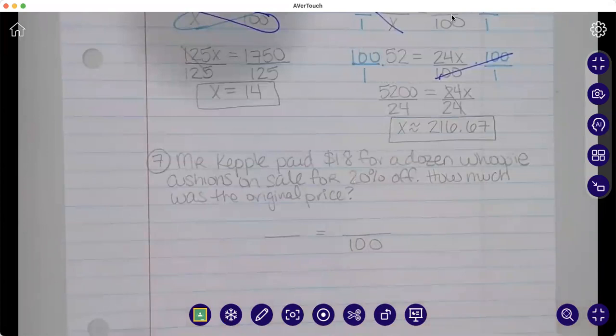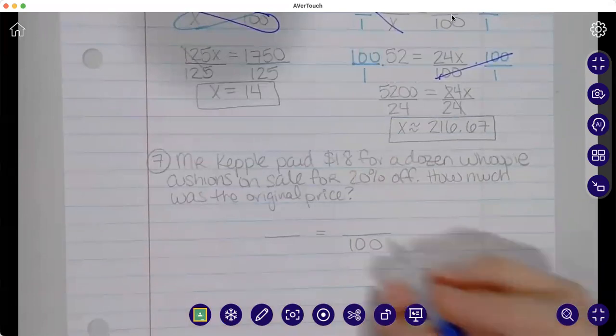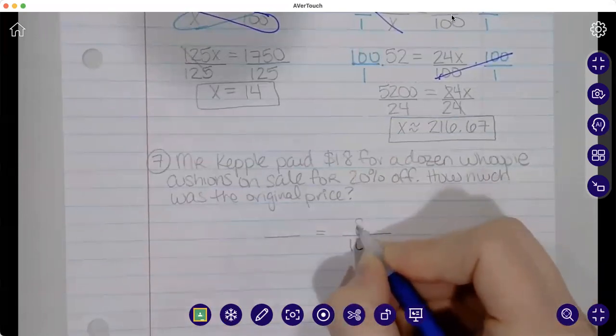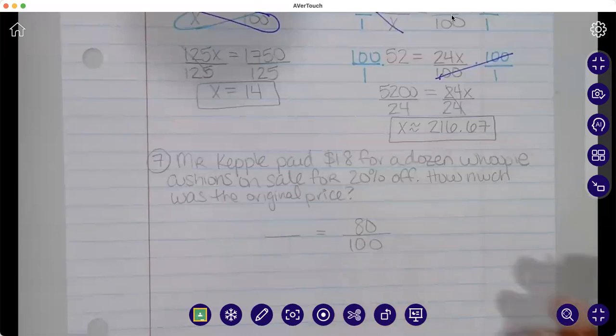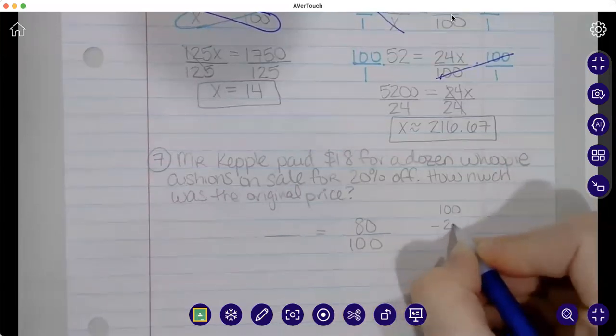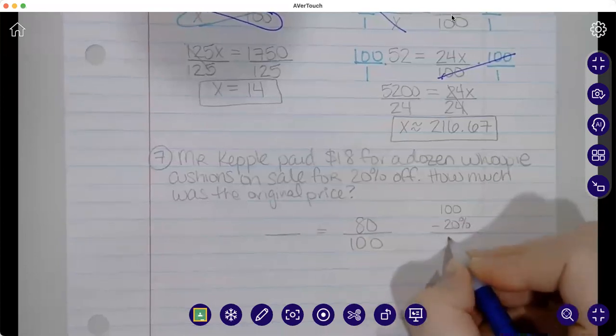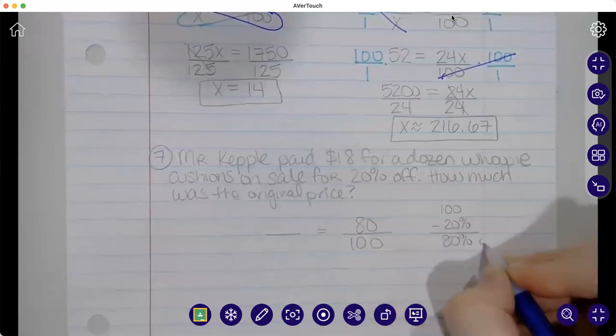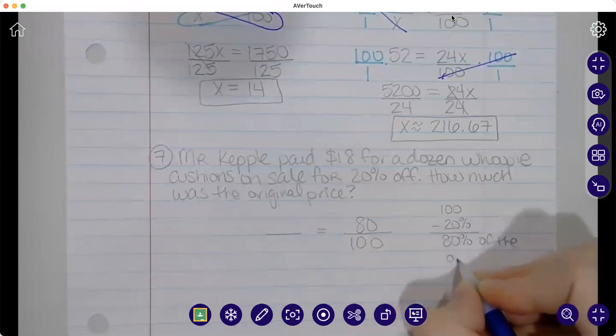And so rather than having to do more work and taking off 20% once I find it, I can find out what 80% of the original price is. And so that's the method we're going to do. This method is going to be a lot quicker. So again, 100 minus the 20% discount means we're paying for 80% of the original price.